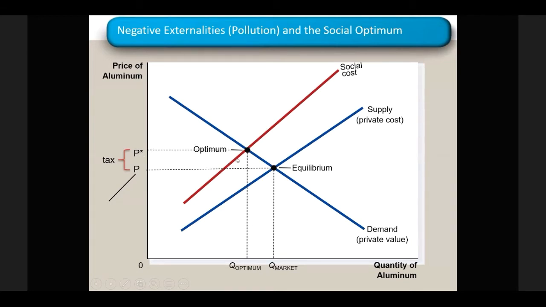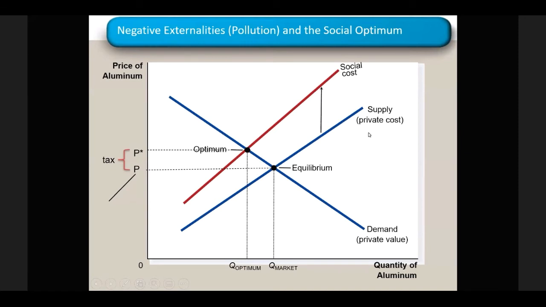So because the external cost is factored into the social cost function now, the optimum output is less than the market or equilibrium output, whereas the firm in the market charges the price P.